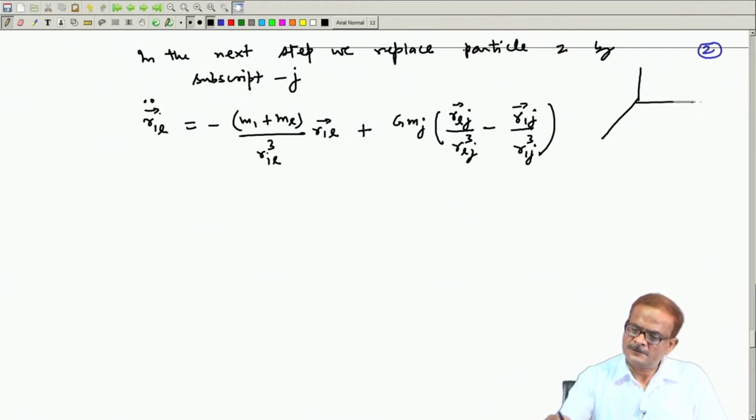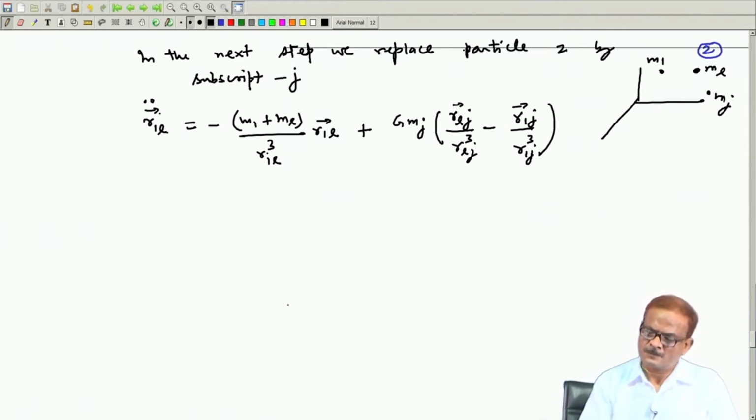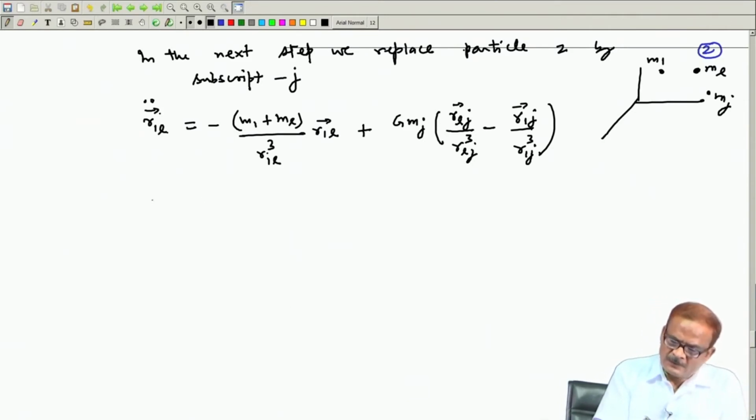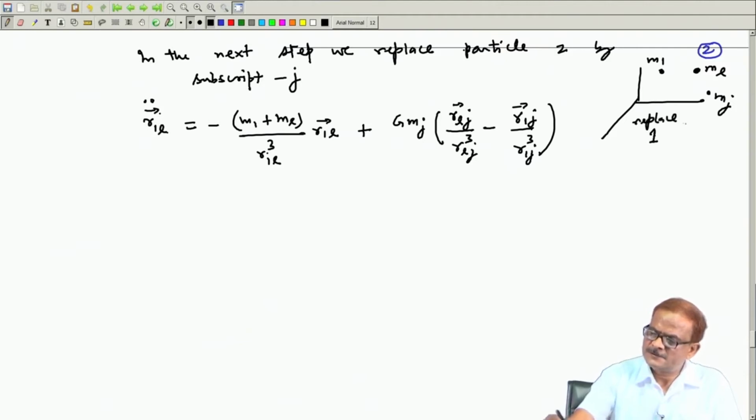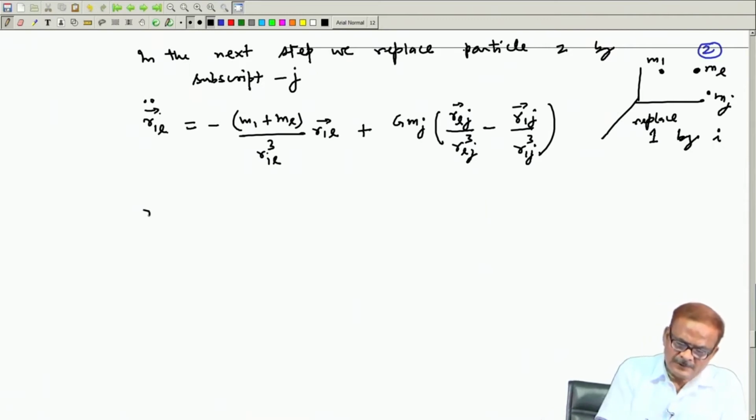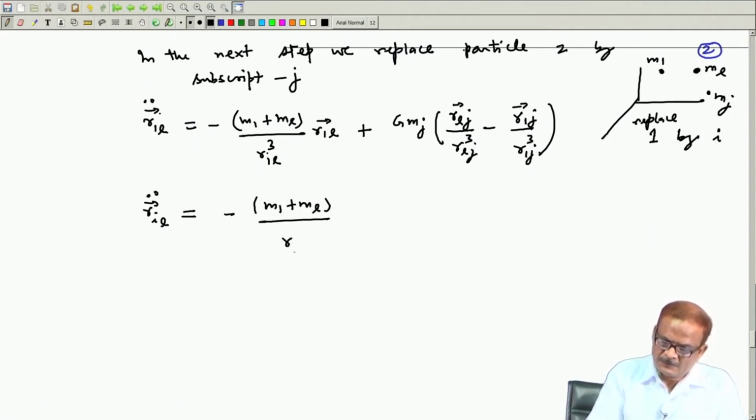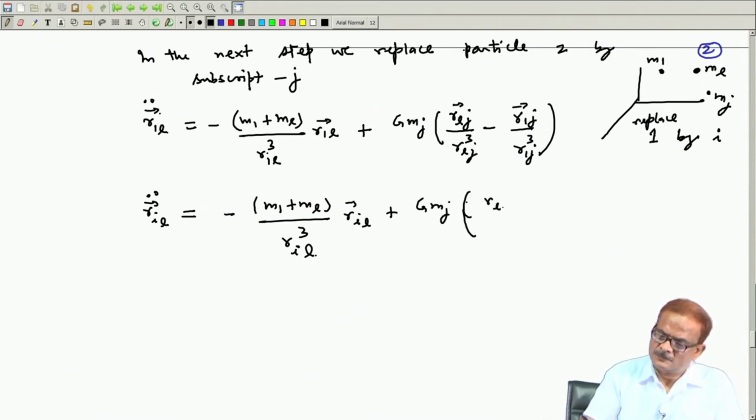So, now here it appears like this. You have the M L, this is M 1 and here this is M J. Now, suppose I replace this 1 by I. If we do that, this will be R I L double dot, R I L whole cube, G M J, R L J. I am taking time in doing this because I am going step by step.